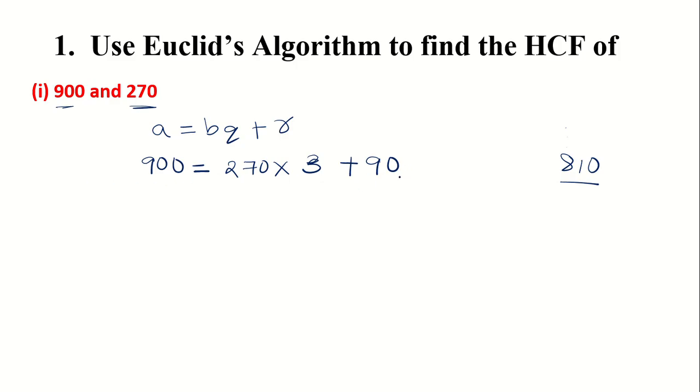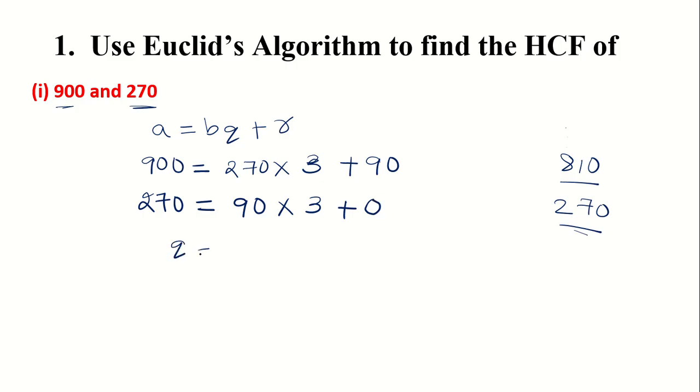As we did not get remainder 0, we move to the next step. Now we take the divisor 270 equals the remainder from the first step, 90. Multiply with some number to get 270: 90 into 3 is 270. So what will be the remainder? 0.